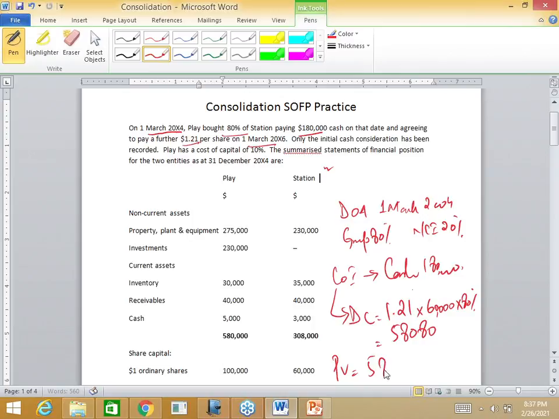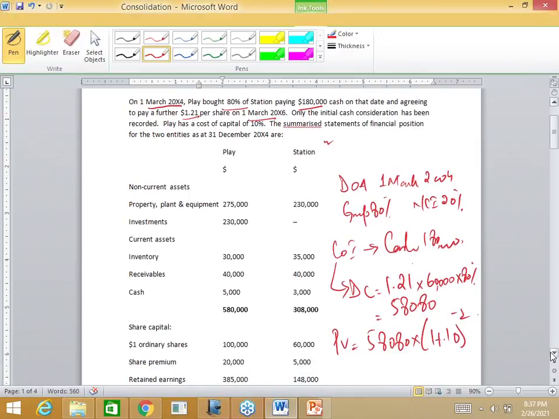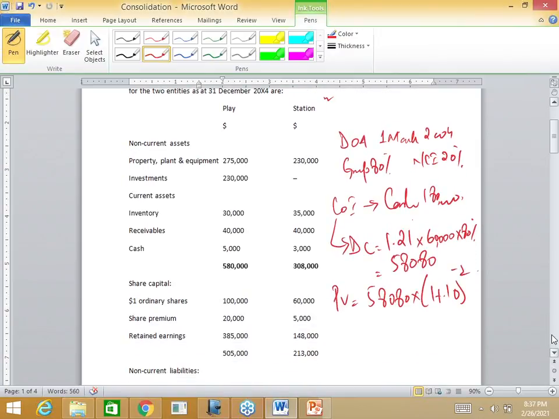And when you calculate the present value of this, 1 plus 0.10 raised to the power minus 2, the payment will be made after 2 years, so it should be 48,000. First you need to check whether the cost of investment is recorded or not.